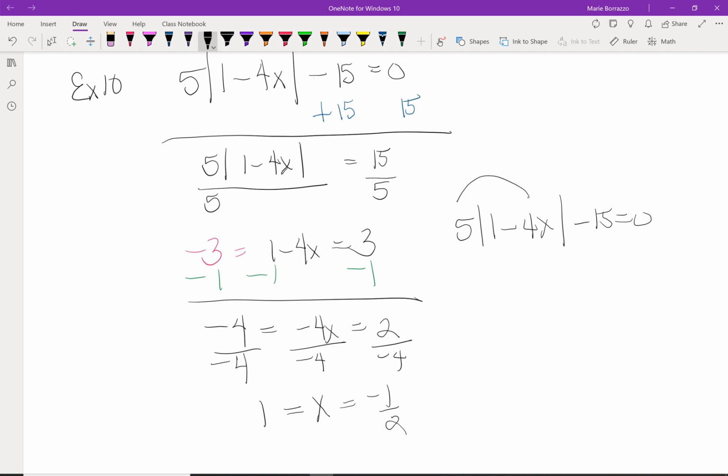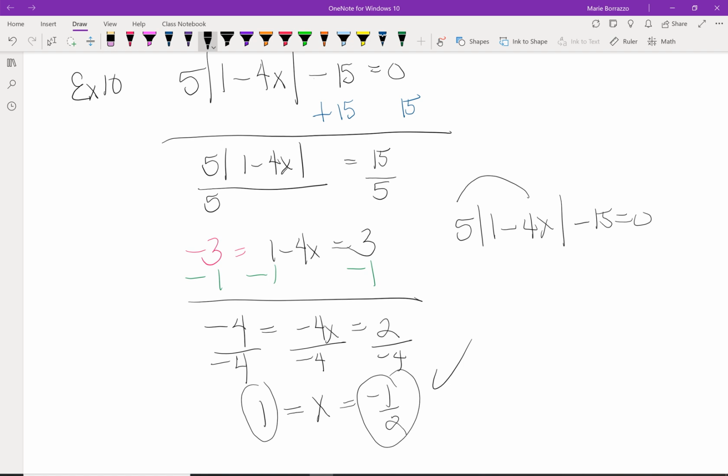That times 5 is 15. 15 minus 15 is 0. So that checks out. So this is good. Negative 1/2: if I do negative 4 times negative 1/2, I get a positive 2, plus 1 is 3. 3 times 5, 15. 15 minus 15 is 0. Checks out. Done.